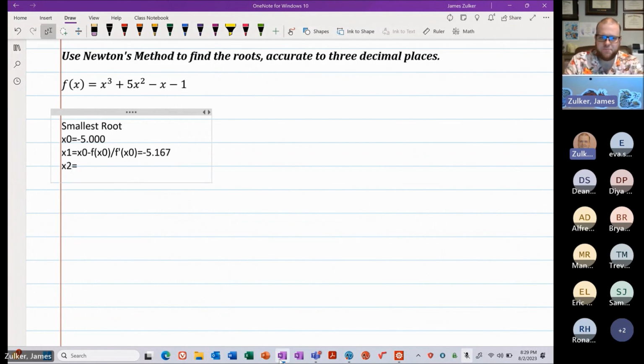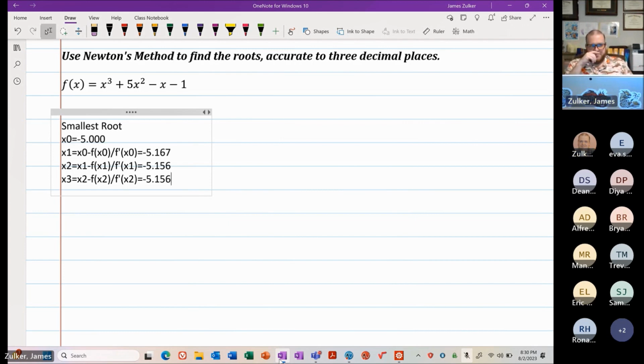Then I'd say x2 is x1 minus f of x1 divided by f prime of x1, and write down what we got, I think it was negative 5.156. And then I'd stop.